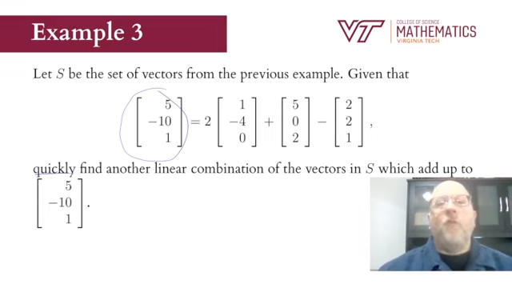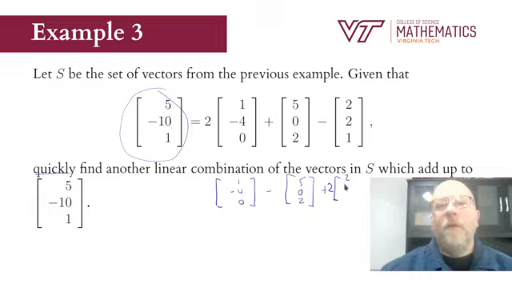But if we want to do this quickly, we know that this combination weights the first vector by 1, the second vector by -1, and the third vector by 2. That combination adds up to 0.